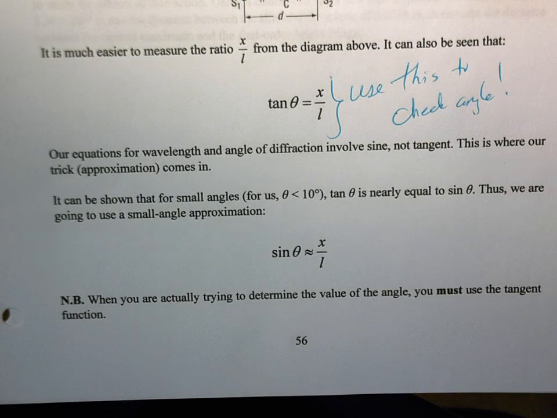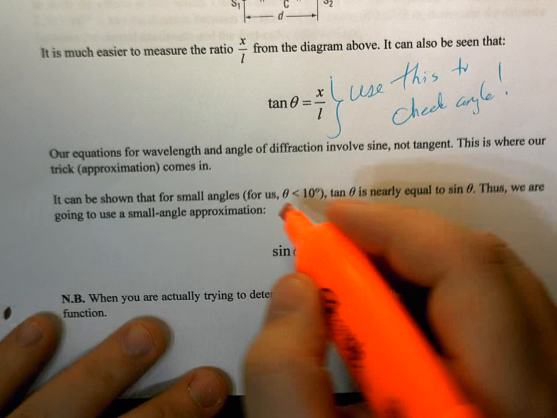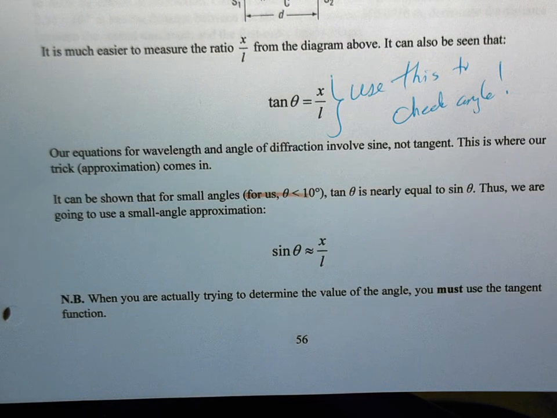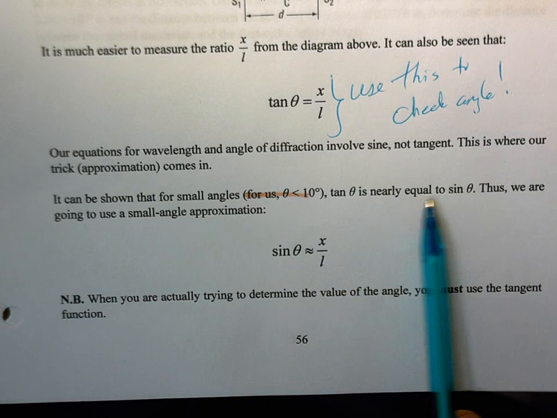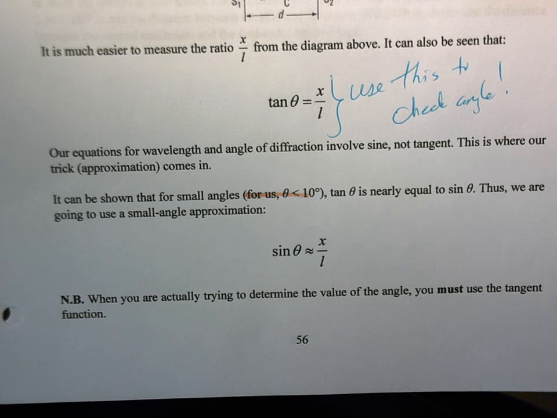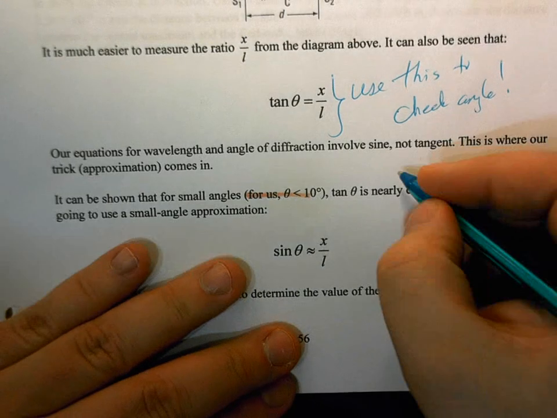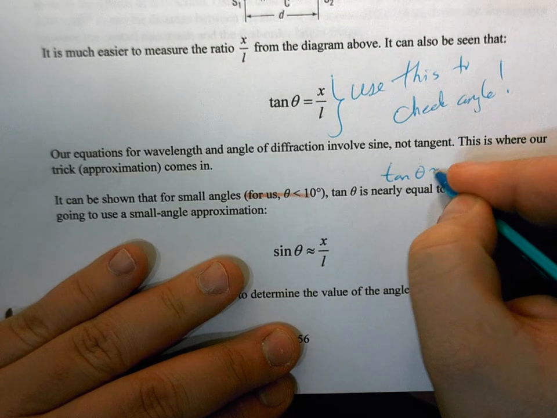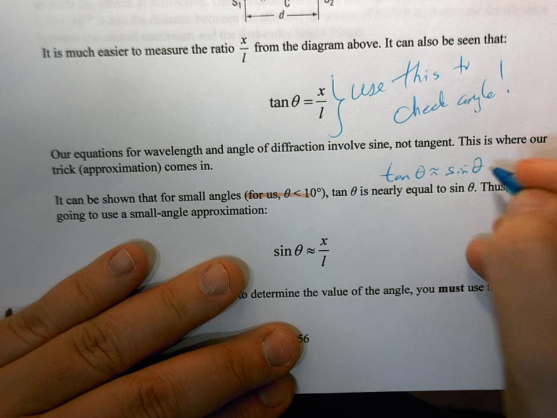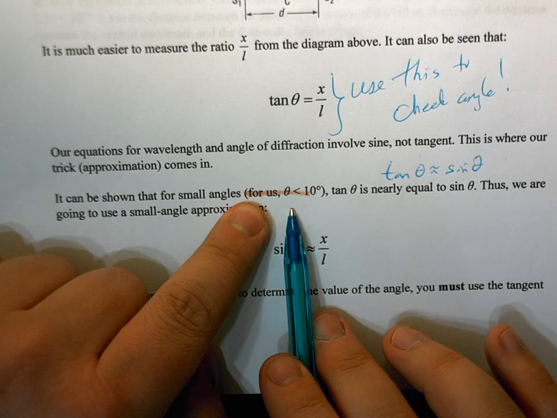What we find is that for angles that are quite small, and we're going to restrict small to about theta less than 10 degrees, the tangent of that angle is pretty close to sine of theta, almost indistinguishable. So for angles that are really small, we could say that tangent theta is roughly similar to sine theta, under this restriction though.